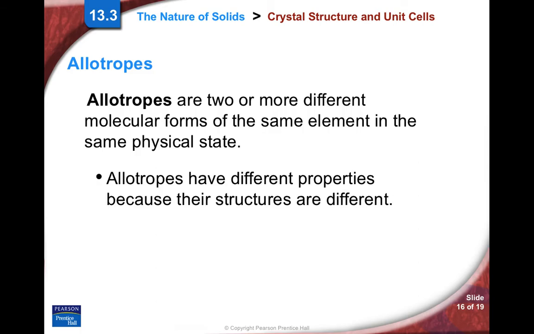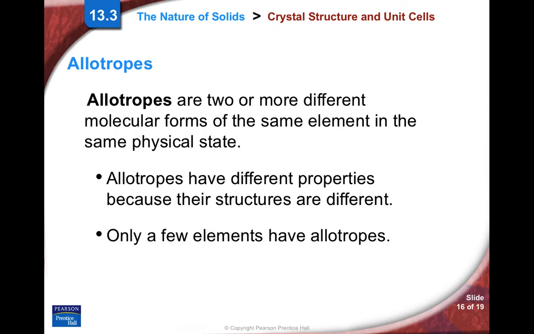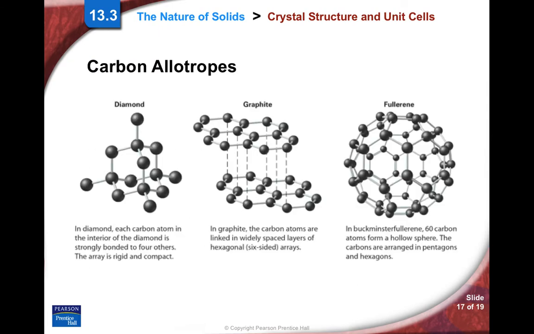Allotropes are when you can have the same element, but in different arrangements. And the most important one for our purposes, and then the book mentions, is carbon. They're all carbon, but because of how the atoms are arranged, they have different properties. And there's not that many elements that have allotropes, but carbon's the most important. So diamonds are in a really interesting arrangement. Of course, it makes it super strong, naturally.